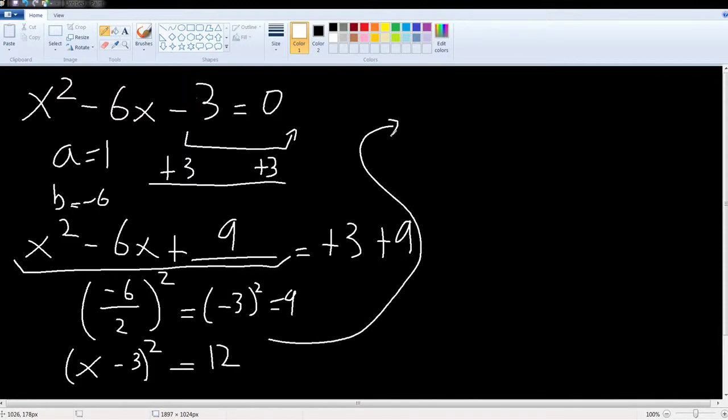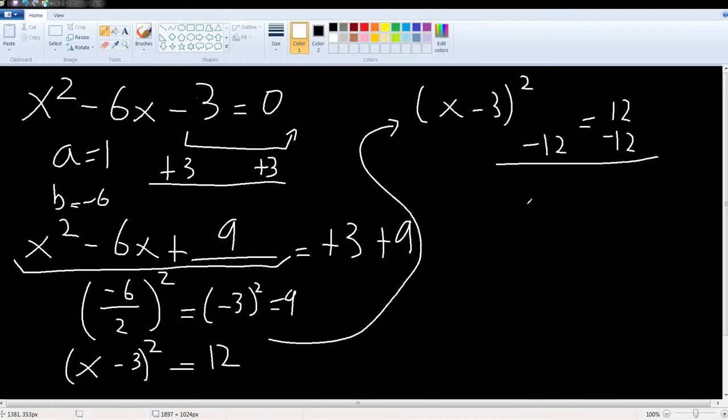So now we must subtract 12 from each side. Subtract 12. We will then get x minus 3 squared minus 12 equals 0.